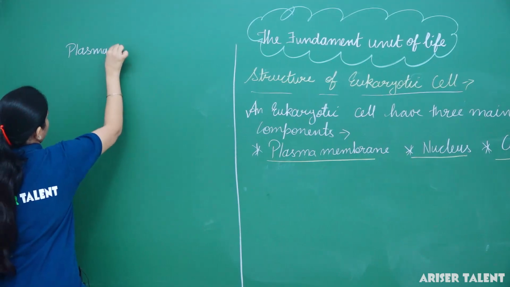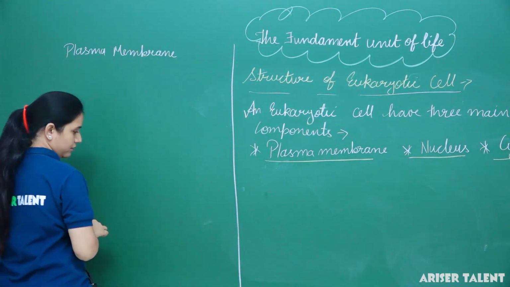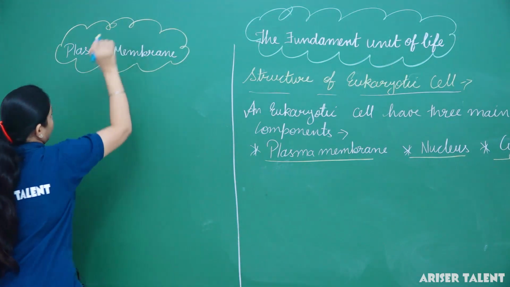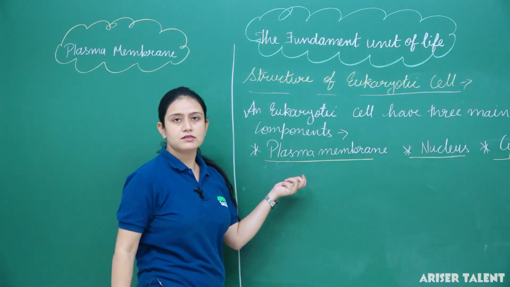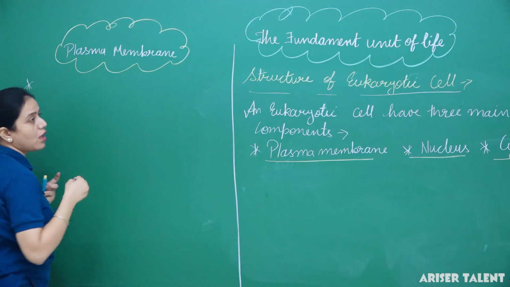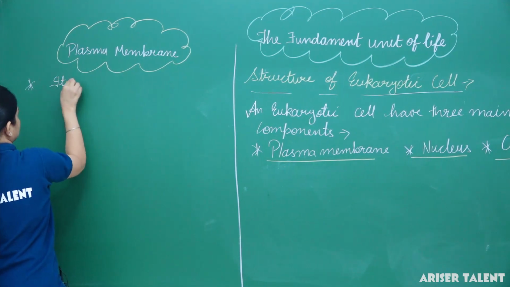Plasma membrane. Now, what is plasma membrane? This is the first topic which we will discuss of these components. Plasma membrane. What is plasma membrane? It is the outer covering of the cell.